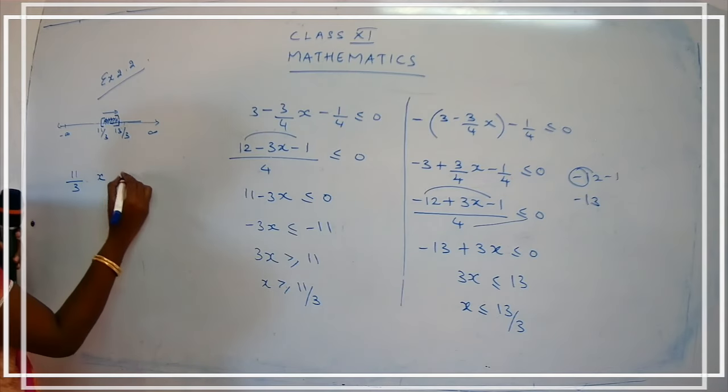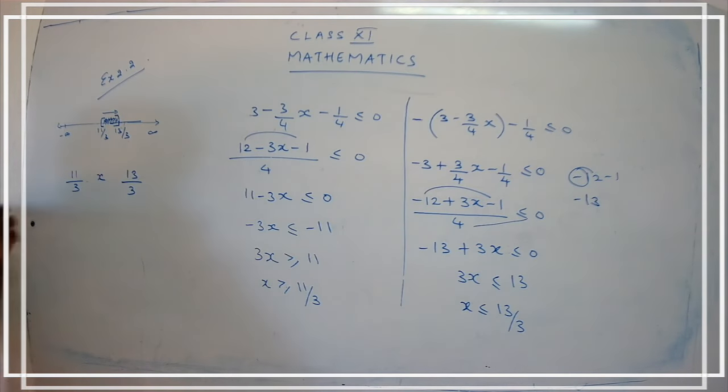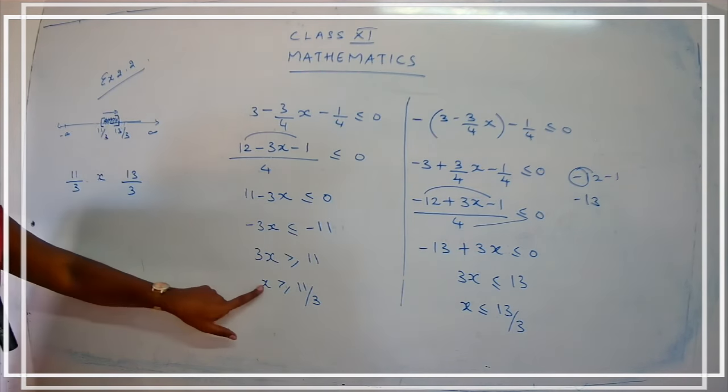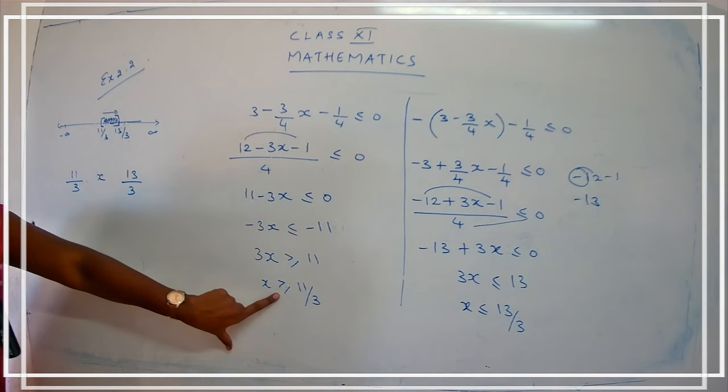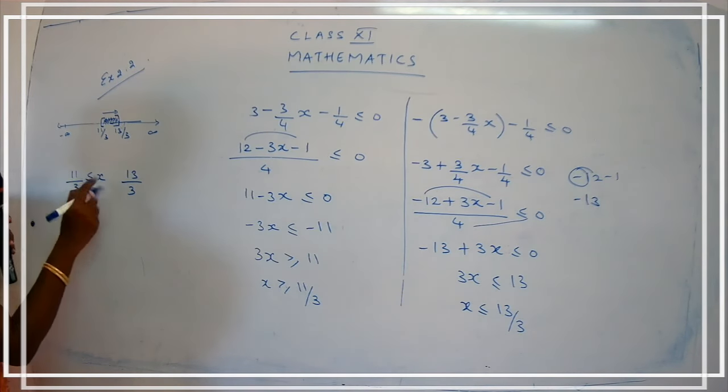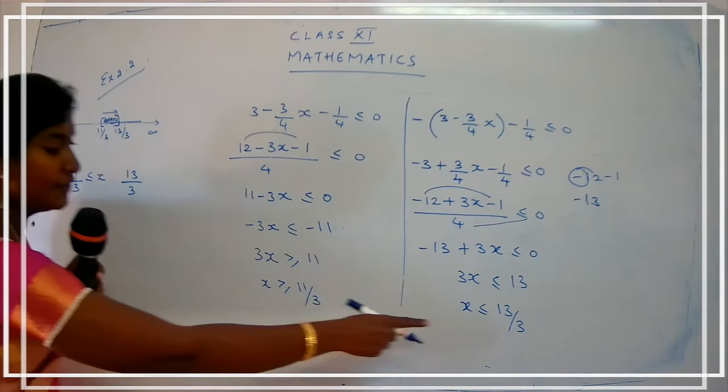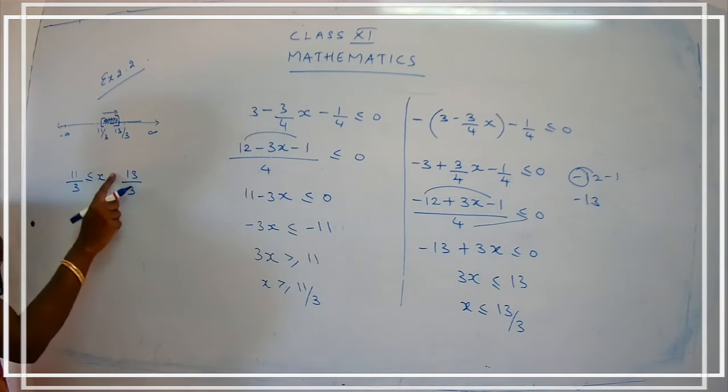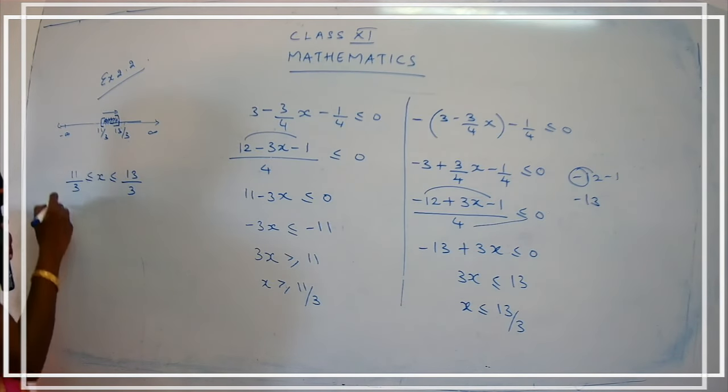I'll write the number first so that we'll write the value. So x is there, and 11 by 3 is there and 13 by 3 is there. Yes, children? So x is greater. Which number is greater here? X is greater, so put a sign for x greater than or equal to. Here which number is greater? 13 by 3 is greater. So this is the answer.